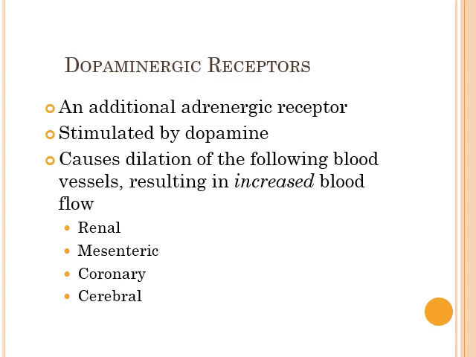Then we have dopaminergic receptors. In addition to adrenergic receptors, they are stimulated by dopamine. They cause dilation of the following blood vessels, resulting in increased blood flow. So the blood vessels that they affect are the renal, the mesenteric, coronary, and cerebral.